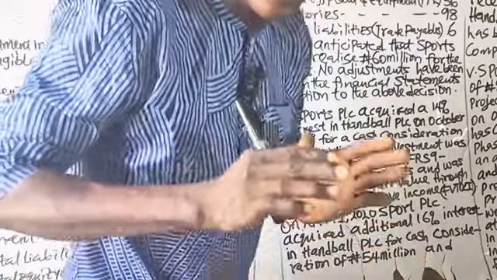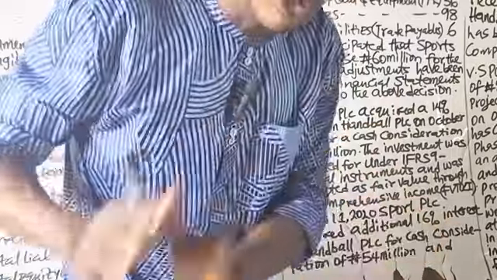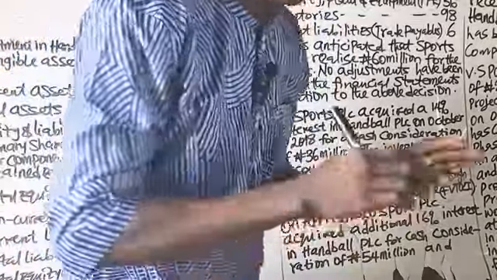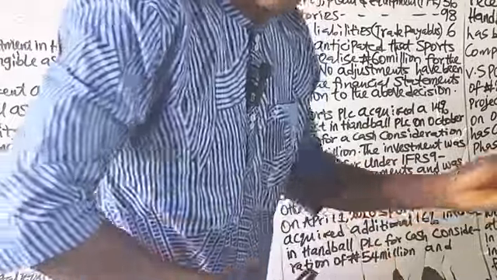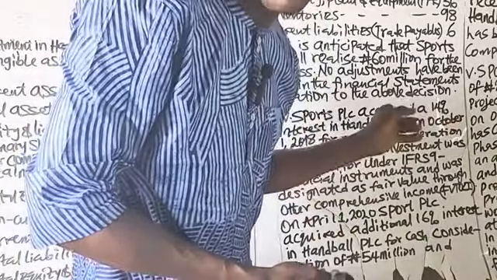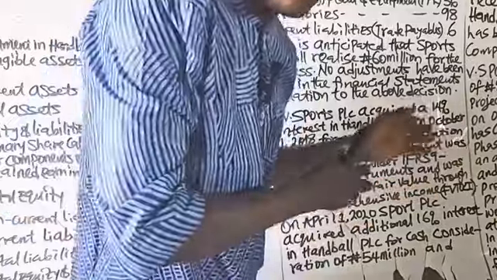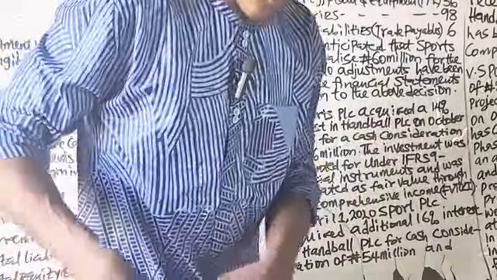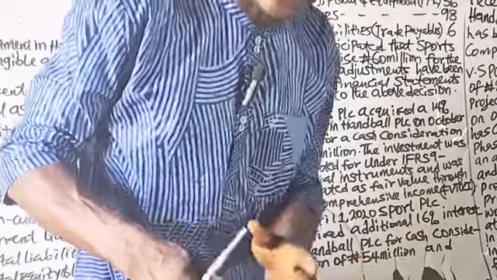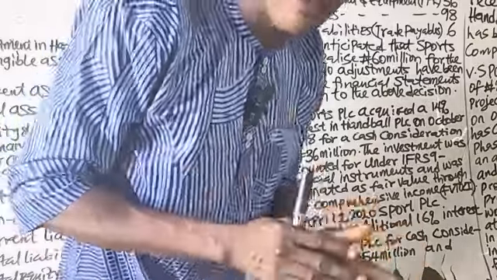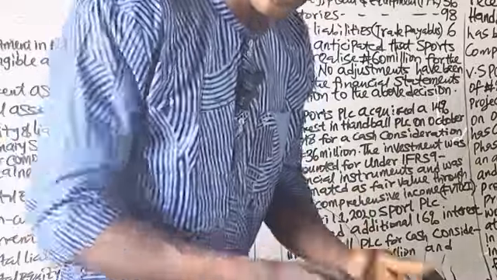That means if the examiner did not tell you that it is fair value through other comprehensive income, you should always recognize it as fair value through profit or loss. That means the fair value gains or loss will be recognized in the statement of profit or loss as other income, not as OCI, not as other comprehensive income. But where the examiner wants you to designate the instrument as fair value through other comprehensive income, it will be stated in the question.